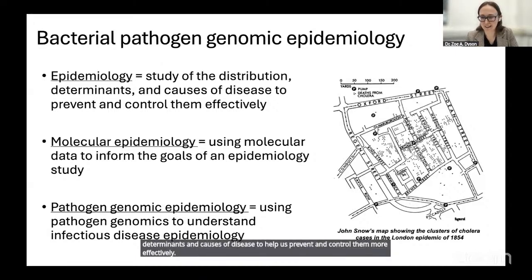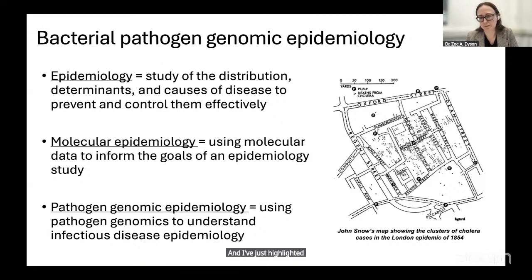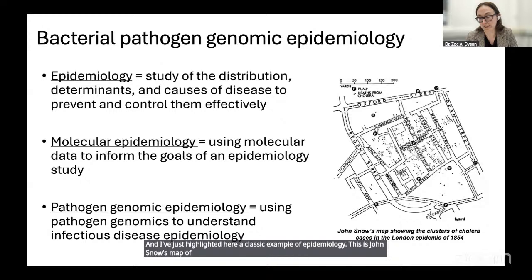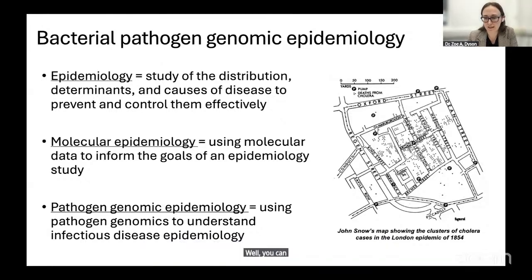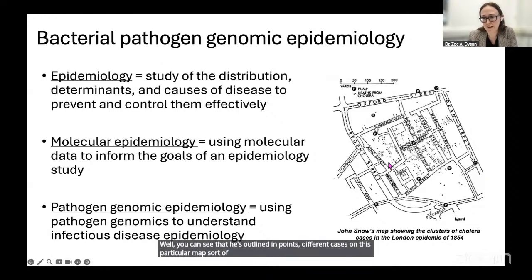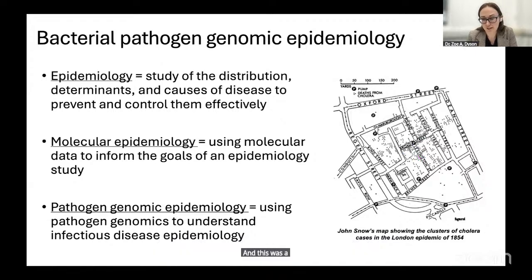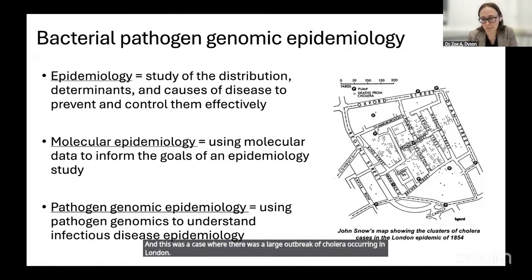And I've just highlighted here a classic example of epidemiology. This is John Snow's map of the London cholera epidemic from 1854, where you can see that he's outlined in points different cases on this particular map, in and around the Broad Street location here. There was a large outbreak of cholera occurring in London, and John Snow set about investigating it.